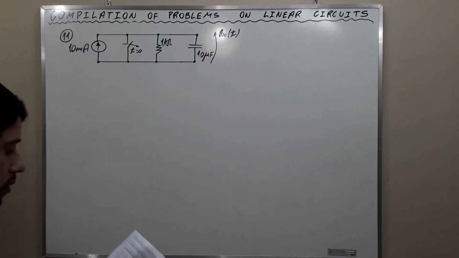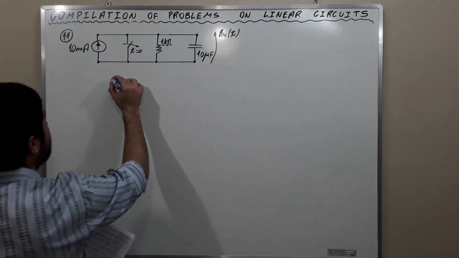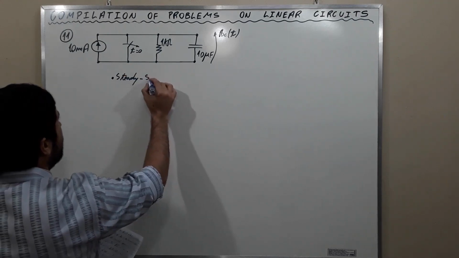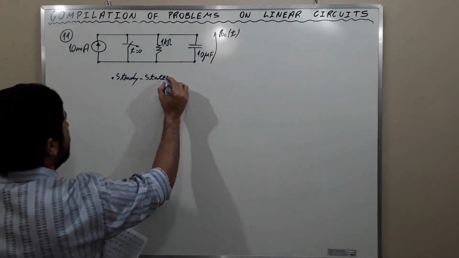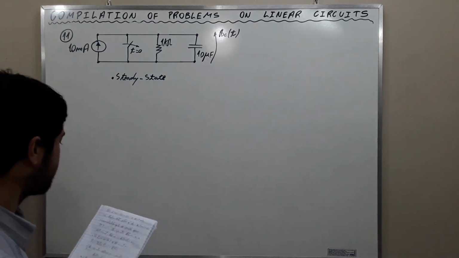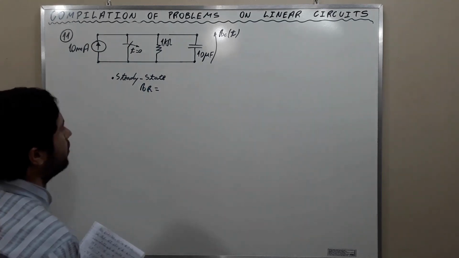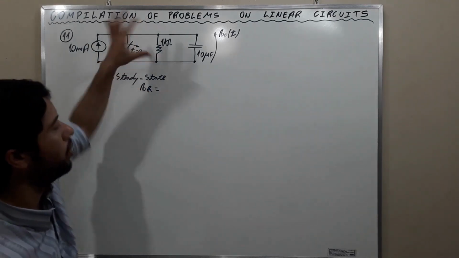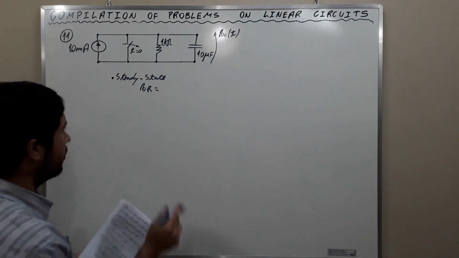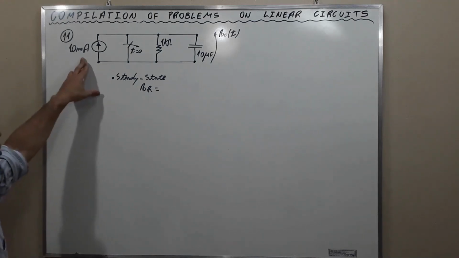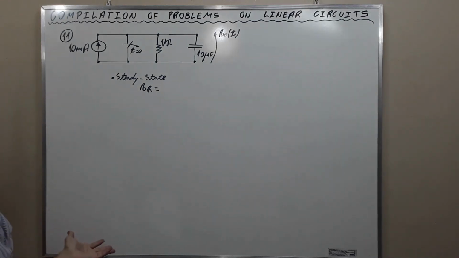So in steady state, VR, the voltage on top of the resistor, will be equal to the current of the source. The current of the source does not have any other way to flow.